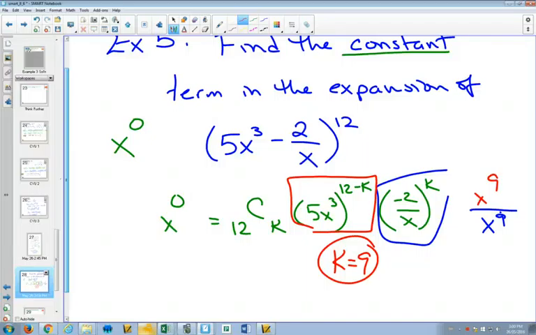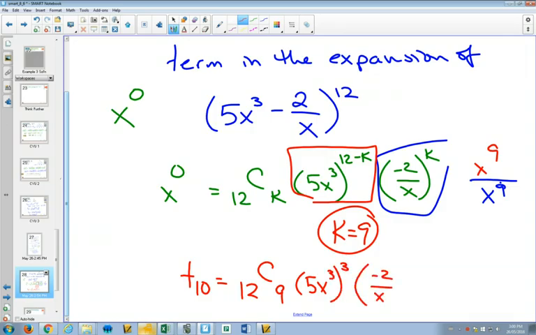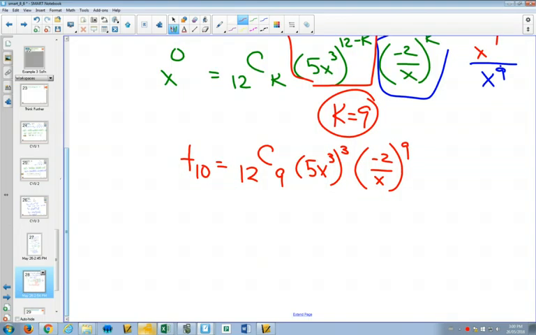Now that we've figured out k is 9, we can find it's going to be term 10. What's term 10 going to equal? 12 choose 9, 5x cubed, 12 minus 9 would be 3, negative 2 over x to the 9.